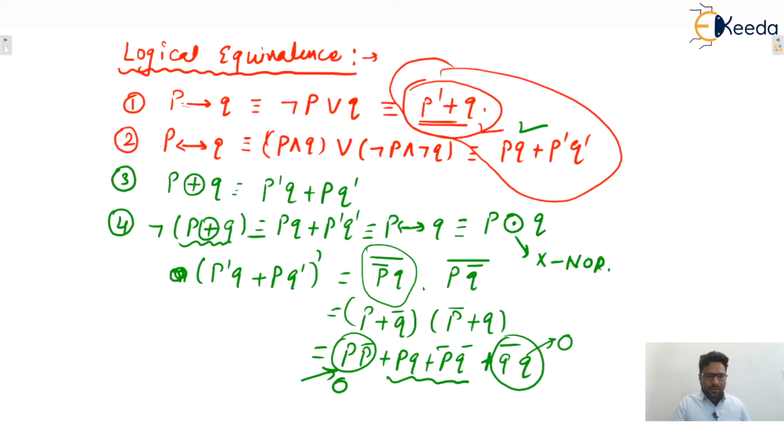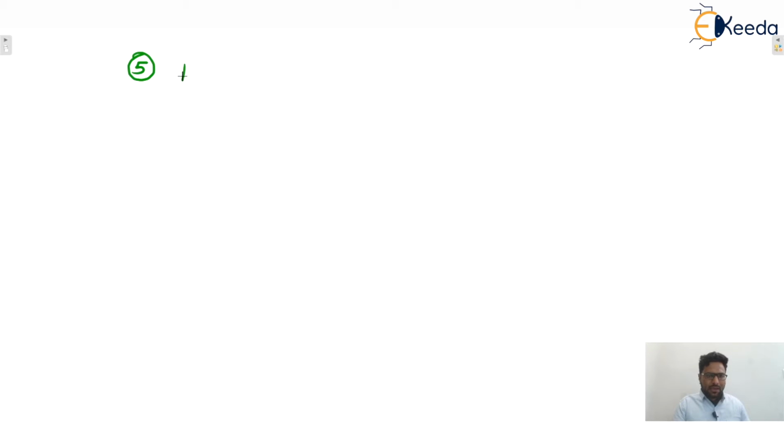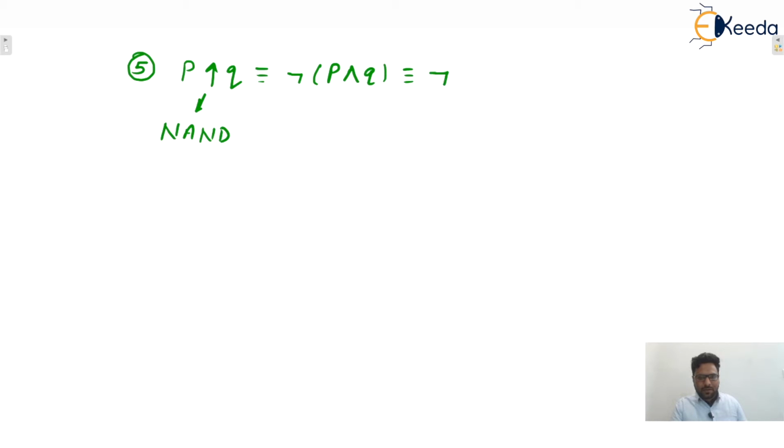Next one, the fifth one, P NAND Q. This is a NAND operator. NAND means not of AND, negation of AND. So apply De Morgan, and it becomes negation P or negation Q, that is equivalent to P dash plus Q dash.